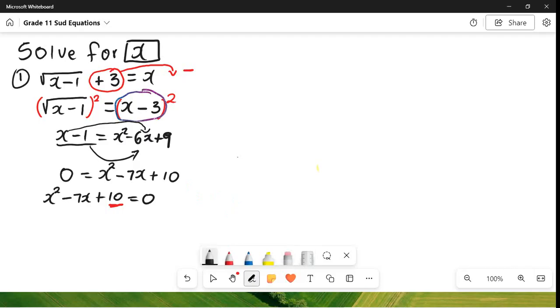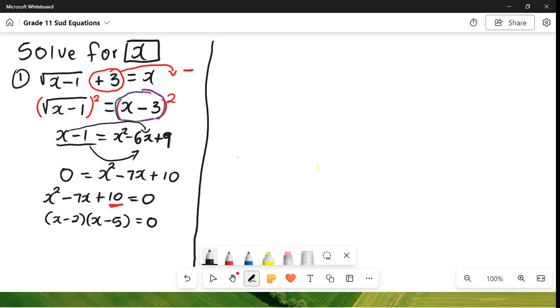here. We will have x minus 2, x minus 5 equals 0. Let me just draw a line here so that we can have the other space to use. I've got a big space here.